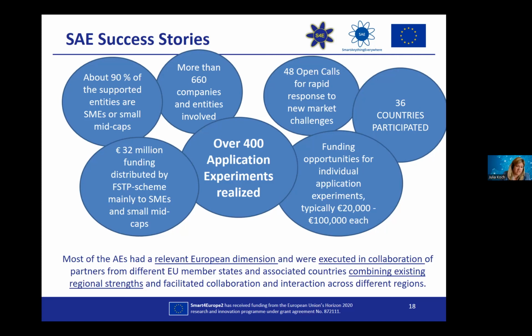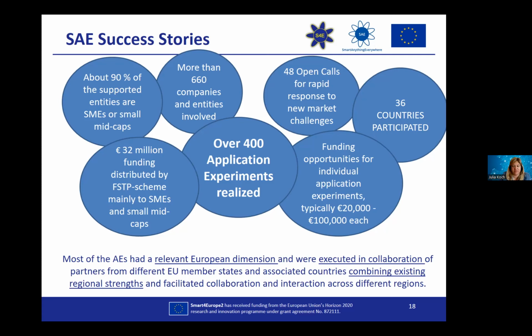What we can also say is that most of the application experiments had a relevant European dimension. That means they were executed in close collaboration with partners from different EU member states. 80% of the European member states collaborated in at least one innovation action.